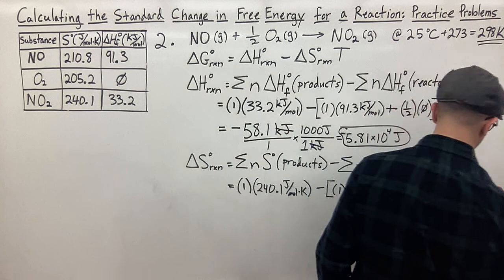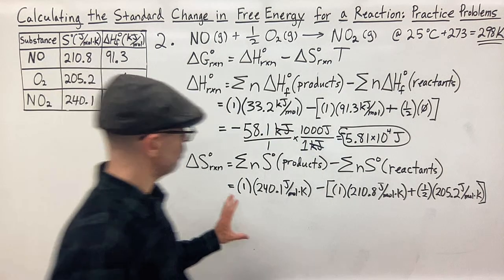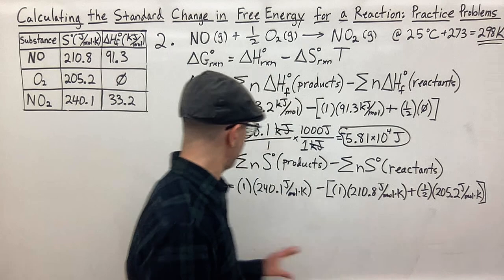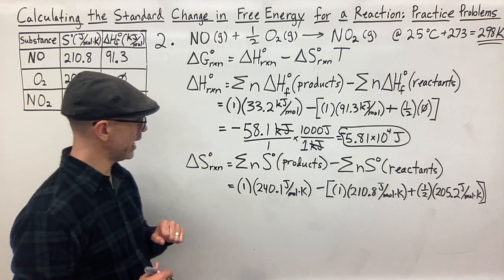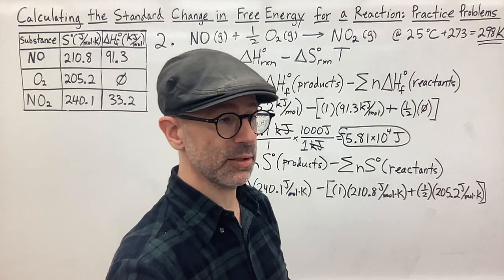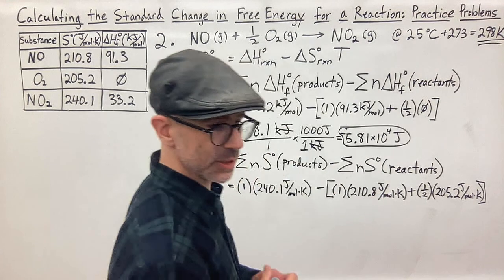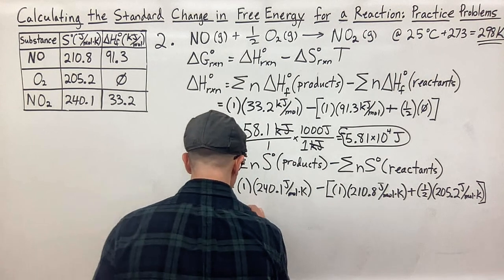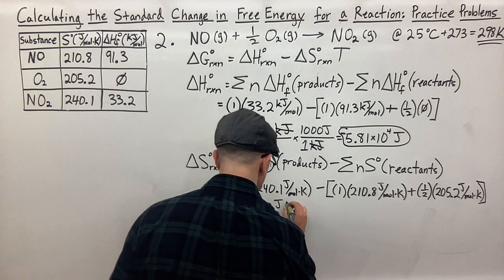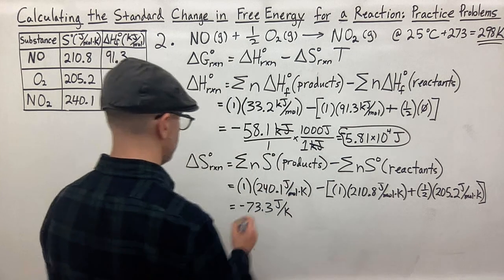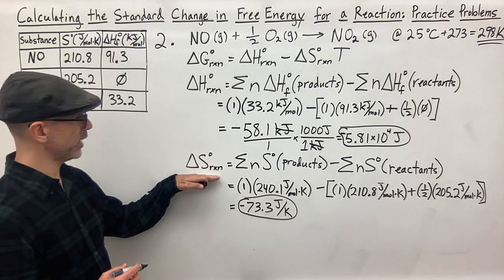And we're going to close that with the square bracket there. And so again, we are going to do the calculation, and we'll calculate what our standard entropy change of a reaction is. So what did I get? I got negative 73.3. So that's equal to negative 73.3 joules per Kelvin. So this is my standard change in entropy for the reaction.